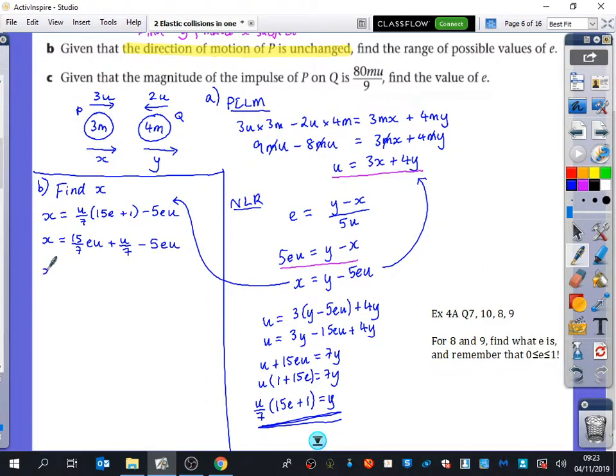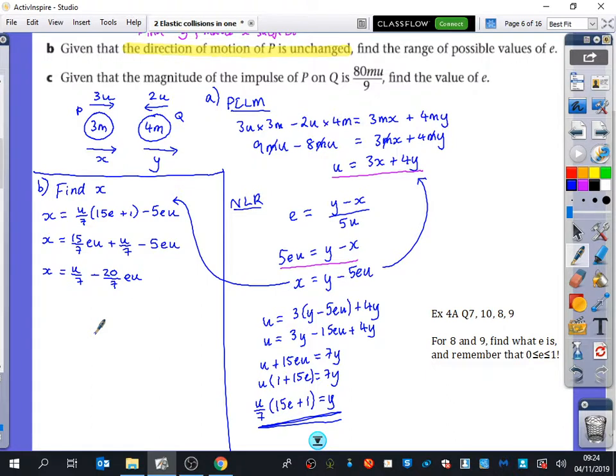So we get that x is equal to, notice how we've got these eu terms here, they're like terms, so we can do 15 over 7 minus 5, minus 20 over 7. I'm going to start with this one because it's positive. So it's u over 7 minus 20 over 7 eu.